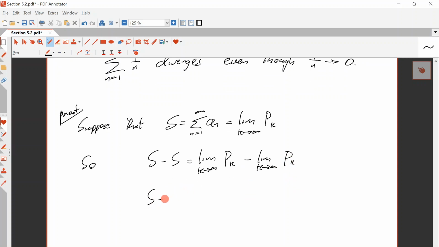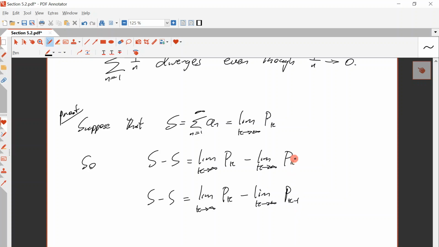But k is going to infinity. So if I delay going to infinity by one step, it doesn't really matter. I'm still going to get there. I mean, if k goes to infinity, so does k minus 1.